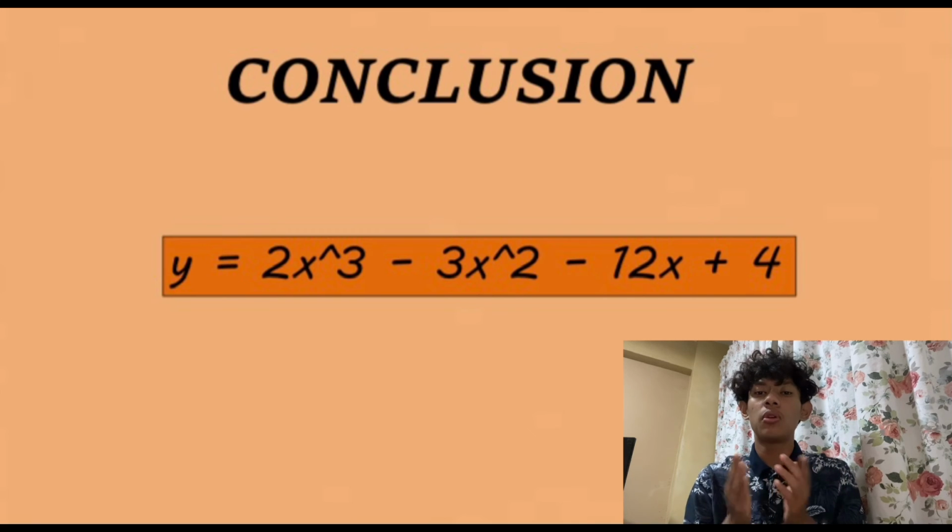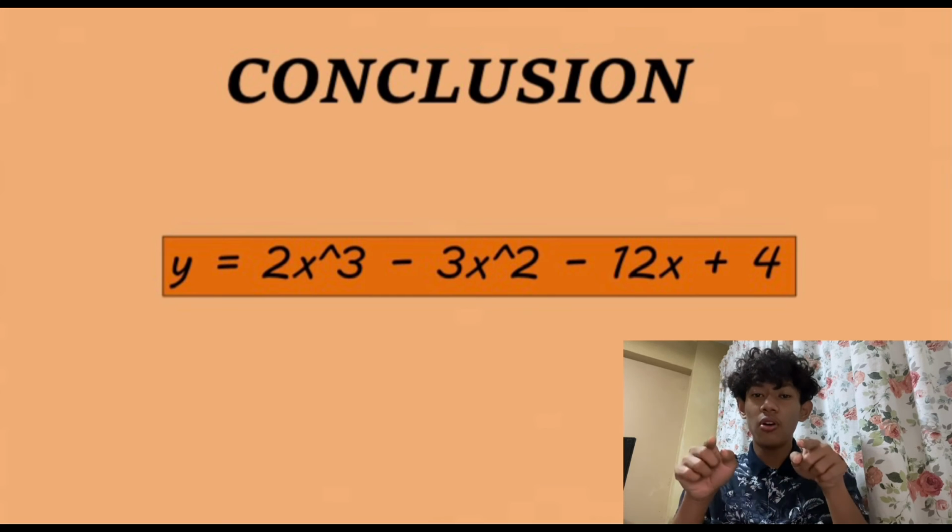Now, I would like to conclude the question, which is y equals 2x to the power of 3 minus 3x to the power of 2 minus 12x plus 4.